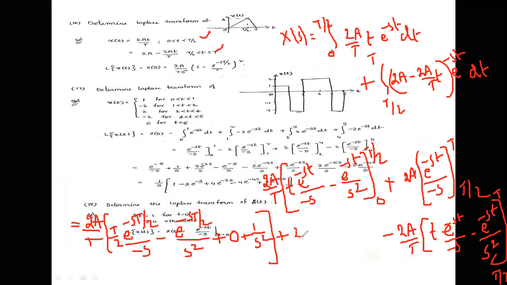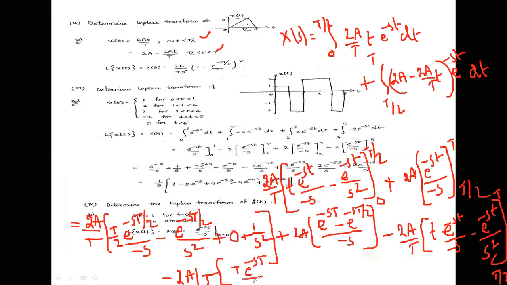And plus 2a. Now upper limit is t and the lower limit is t by 2: e power minus st minus e power minus st by 2 by minus s. And the third one we have the 2a by t simplified with t and t by 2: t e power minus st by minus s, minus e power minus st by s square, and both are minus.